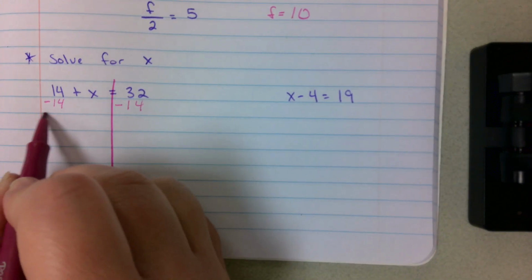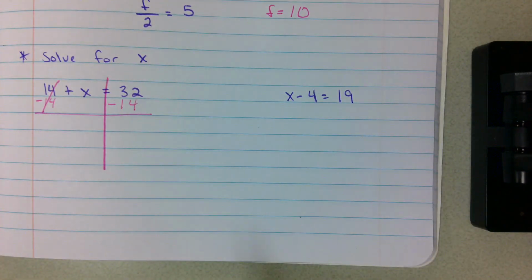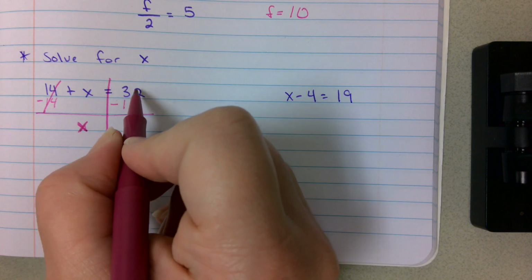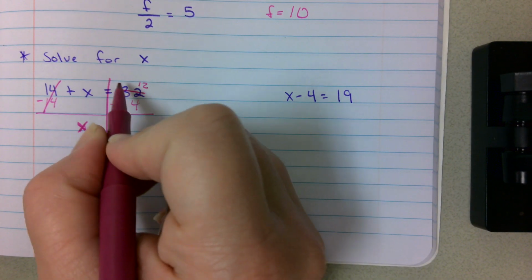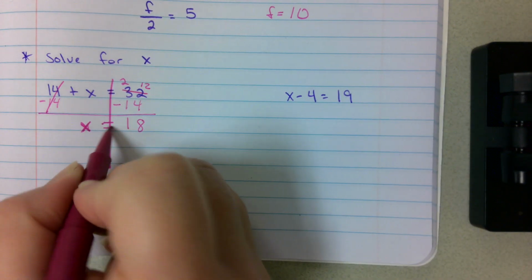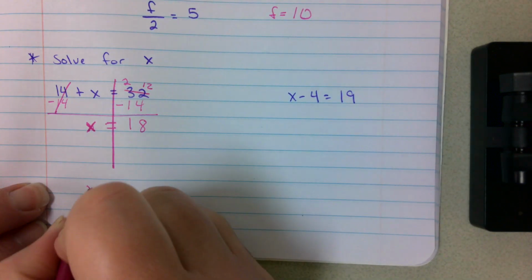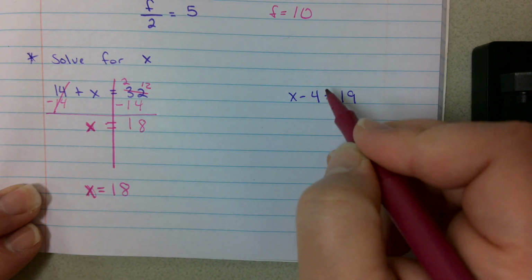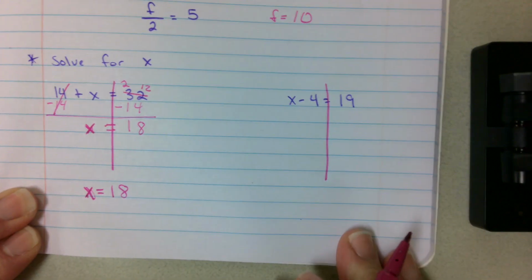So I'm not changing the value any when I make this move here. X is equal to, and then we need to subtract, so 32 minus 14, so we have 18. So X equals 18.